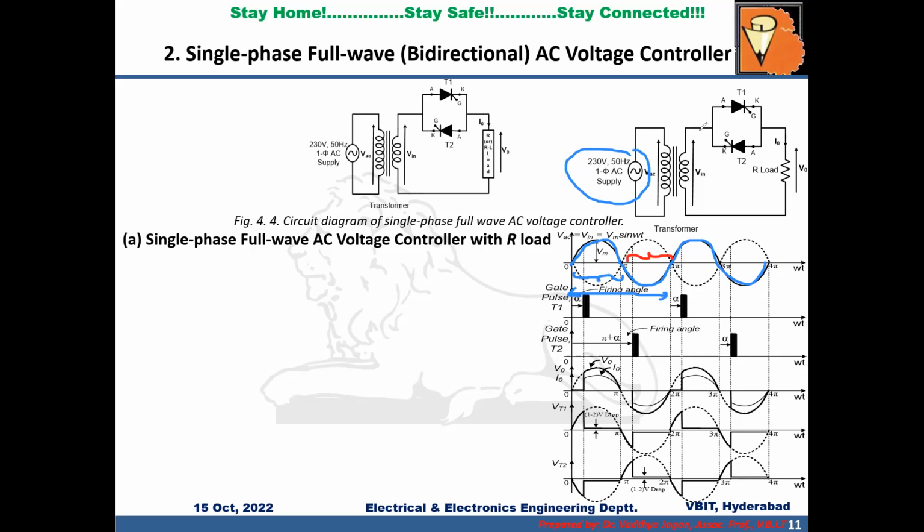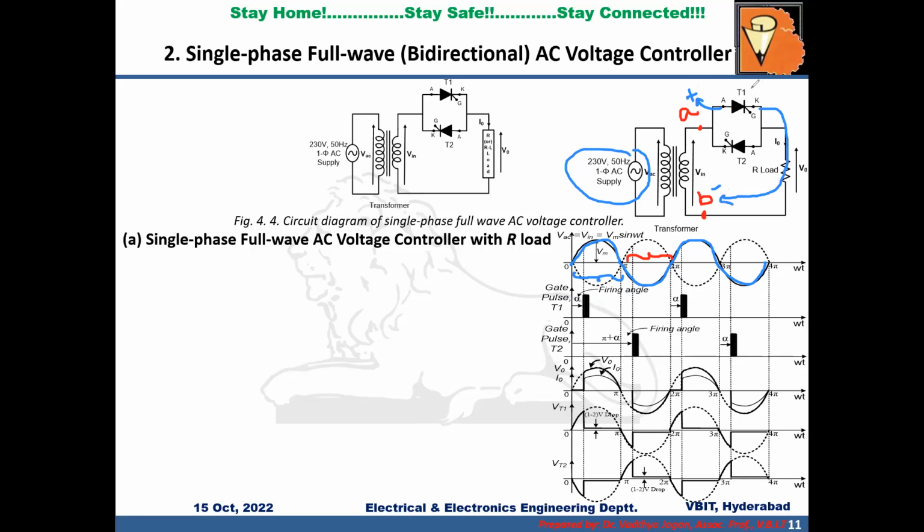So let us consider the terminals of the transformer are A and B. Let us consider during positive half cycle, terminal A is at higher potential and terminal B is at lower potential. If that is the case during positive half cycle, T1 anode is connected to A positive, cathode is connected to B negative through the load.